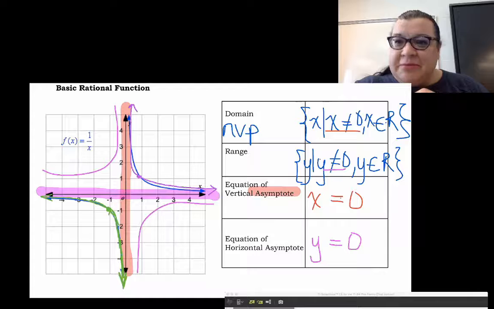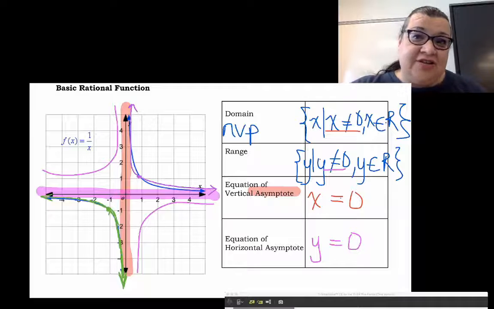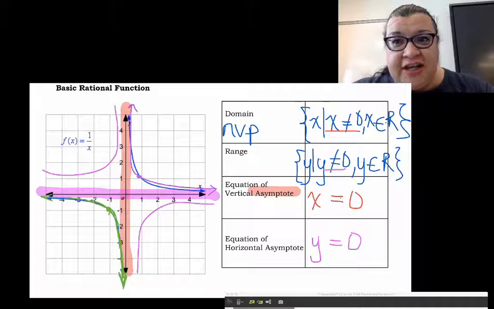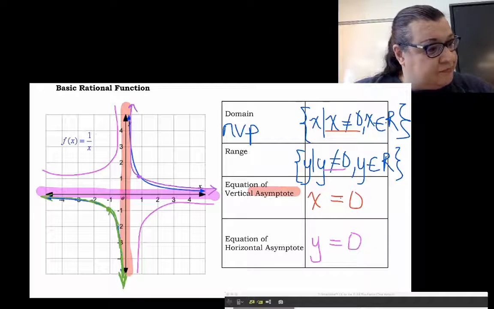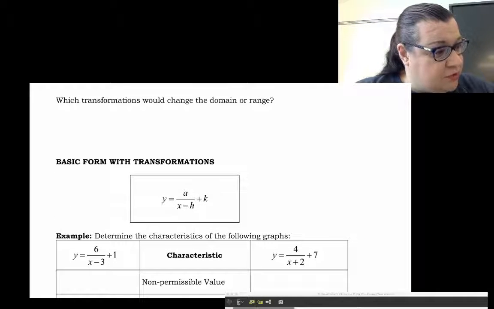Because my non-permissible value is still that x cannot equal 0. So the only transformation that we could apply to this that will change our domain and range is if we translate it. If we move the entire function up or down or left or right. Okay? So which transformations would change the value of the domain and range? Translations.